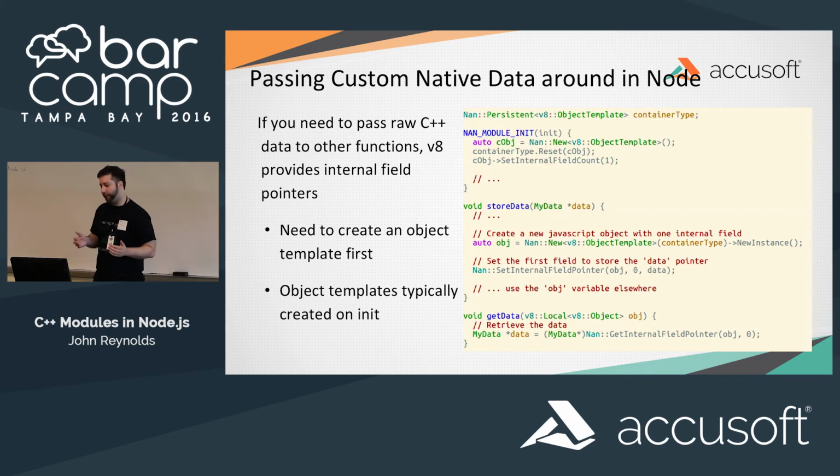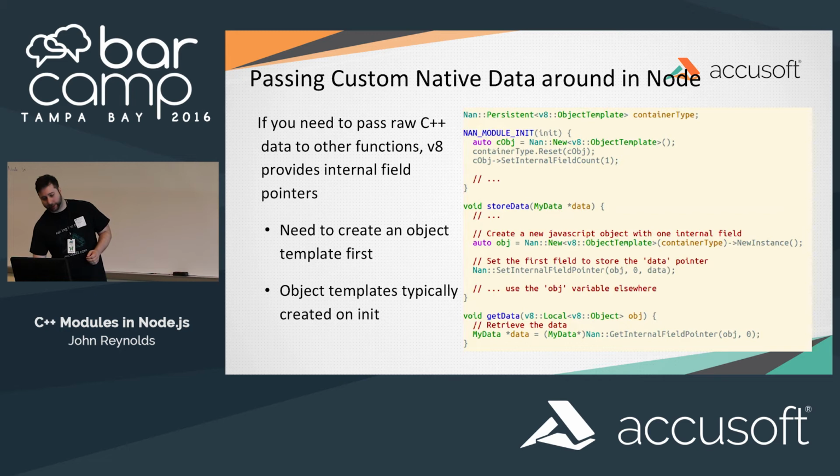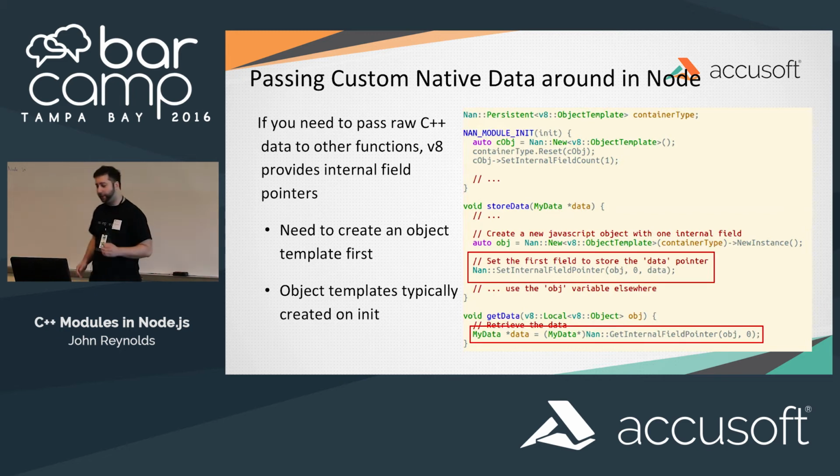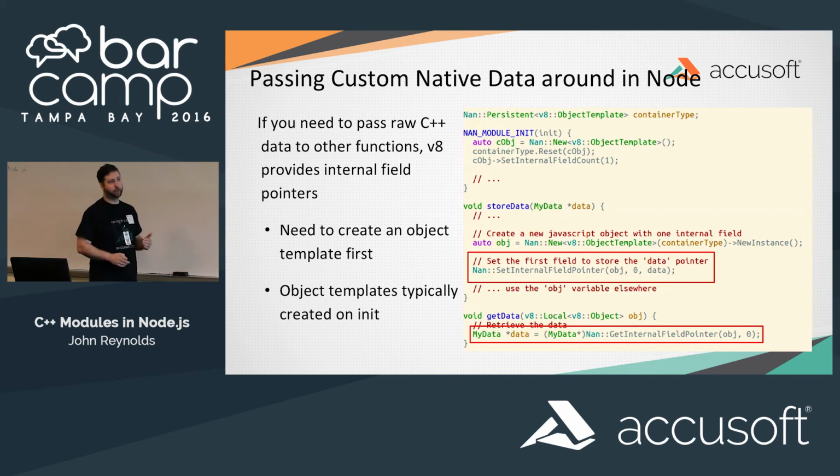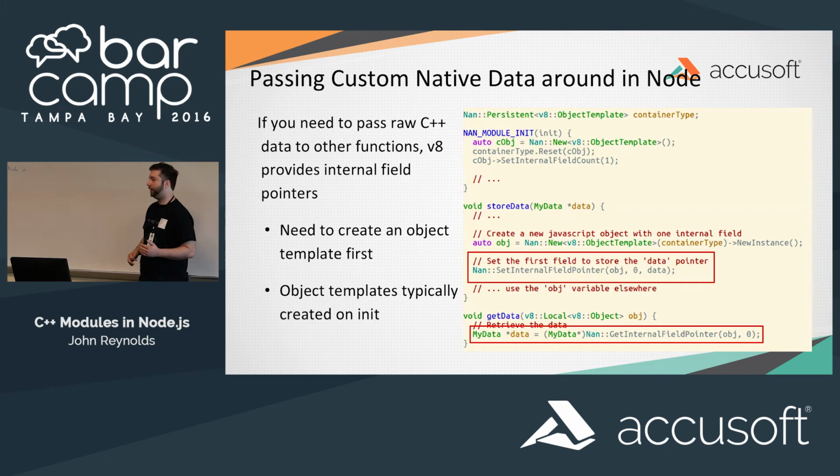So if you want to make sure that your data does not get accidentally destroyed in JavaScript land, V8 very helpfully has internal field pointers for JavaScript variables. These are kind of hidden from the user. They're not really ever exposed, I don't believe, in the JavaScript land.